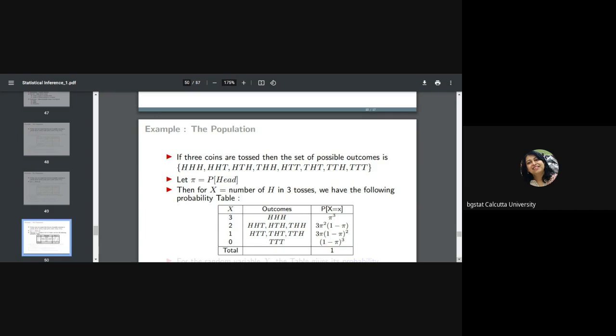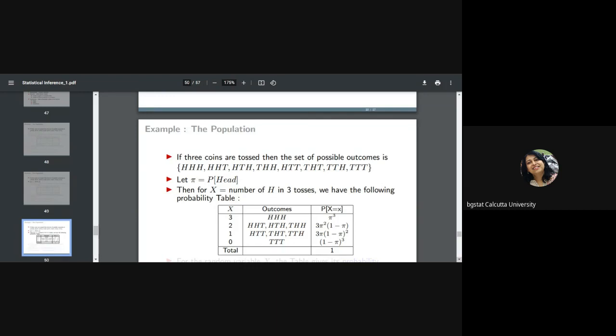So what would be the probability of this outcome? You have this table here which gives all possible values of x, the corresponding experimental result which would generate this value, and the probability of this value occurring. So let us consider the last value first, which is 0.